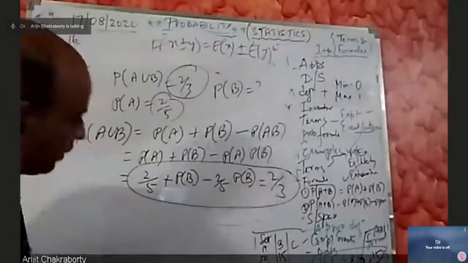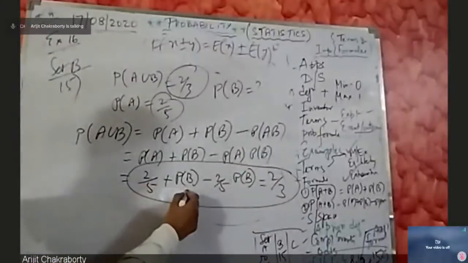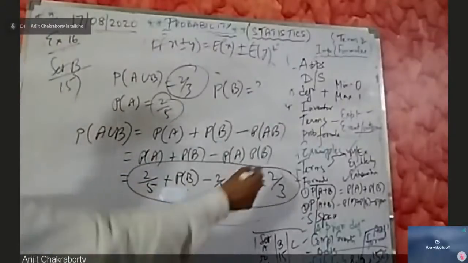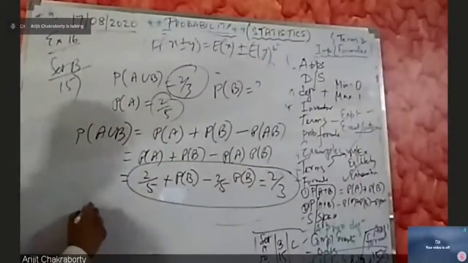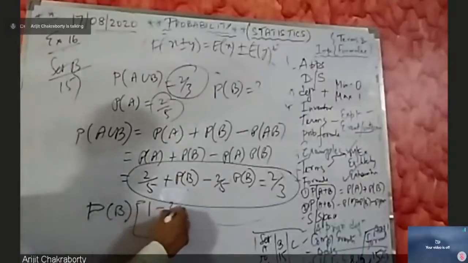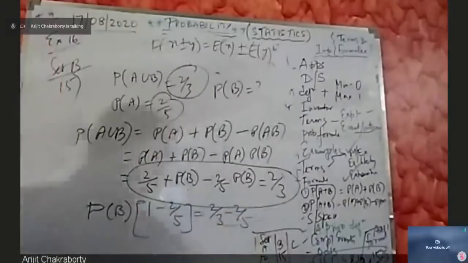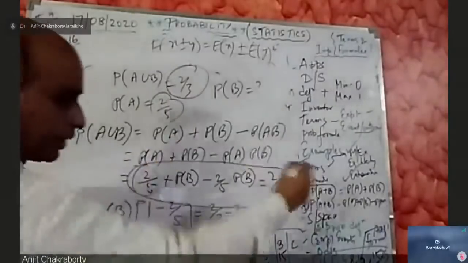From here I am getting 2/5 plus P(B) minus 2/5 P(B) equal to 2/3. Taking P(B) common, (1 minus 2/5) is equal to 2/3 minus 2/5, transposing this to the right hand side.